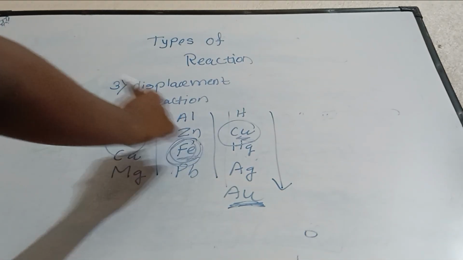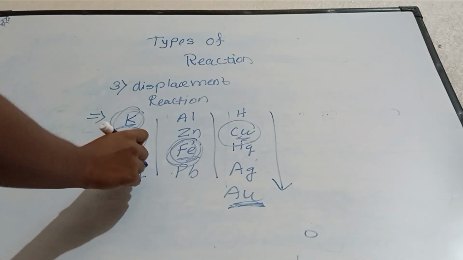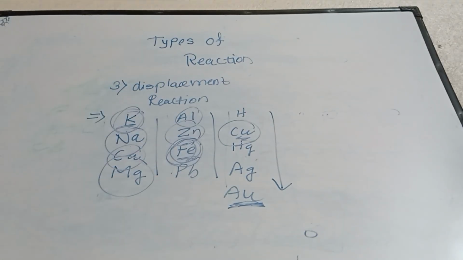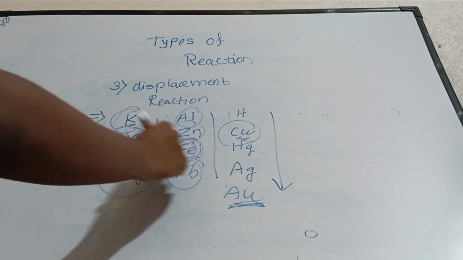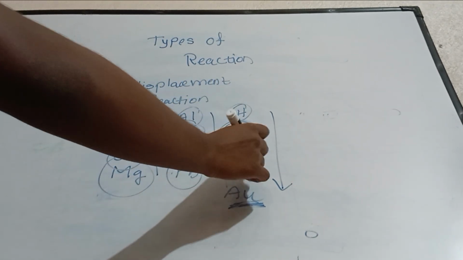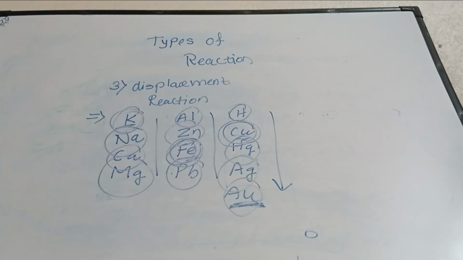Na can also displace iron, calcium can also, Mg can also, aluminium can also, zinc can also, but Pb, hydrogen, copper, Hg, Ag and gold can't displace iron.